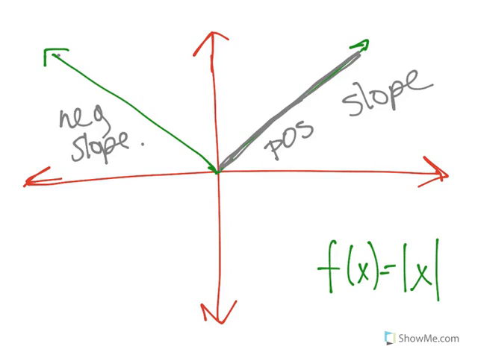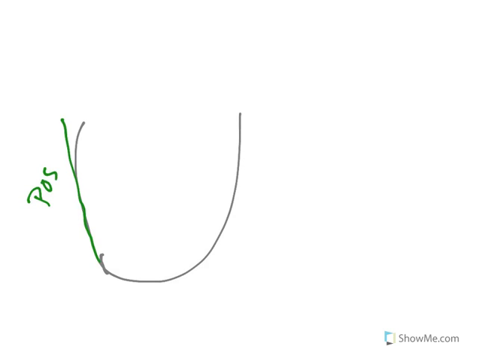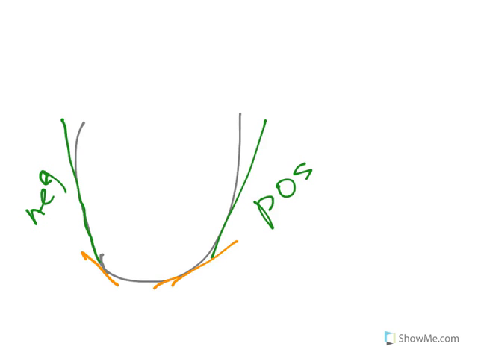You could change slopes. For example, if you were to have a parabola like this, here you have negative slopes, and here you have positive slopes. But as you move closer and closer, they very nicely approach the same value. It's not like one of them wants to stay positive and the other wants to stay negative.